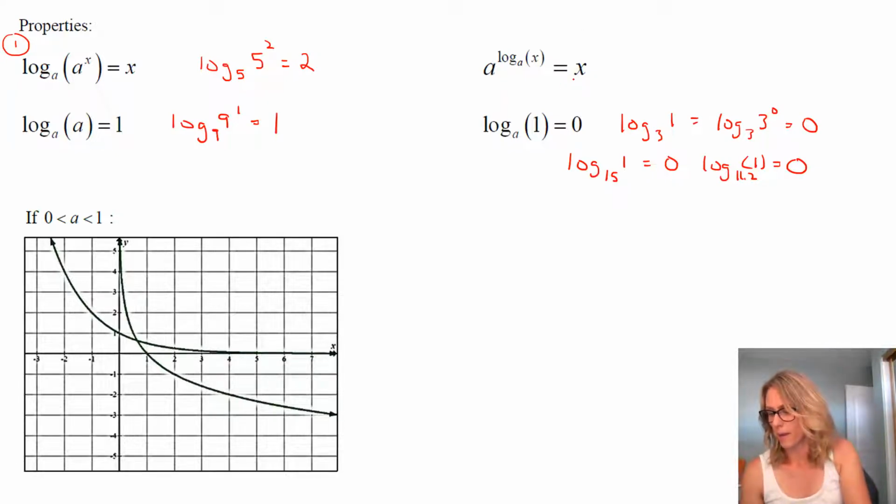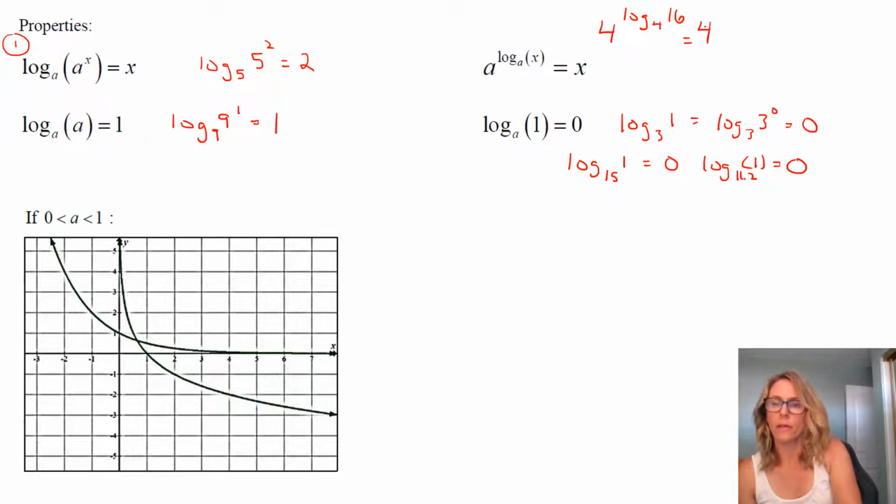I have an example here that I'll show you, just something so you can kind of see. So if I have, say, for example, 4 to the log base 4 of 16. Okay, so if I have that, then if I think about log base 4 of 16, the question there is 4 to what power gives me 16?